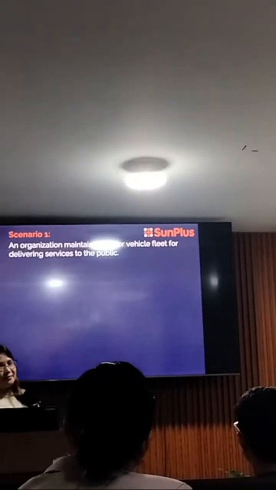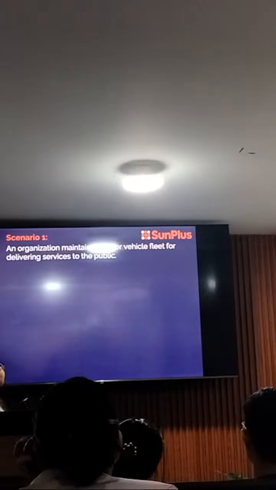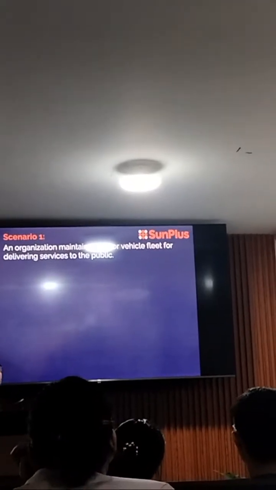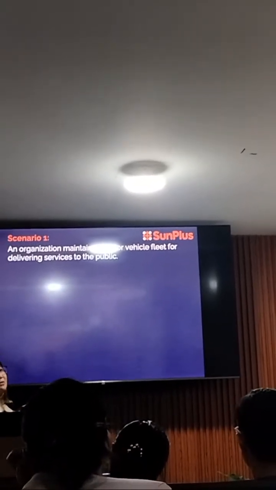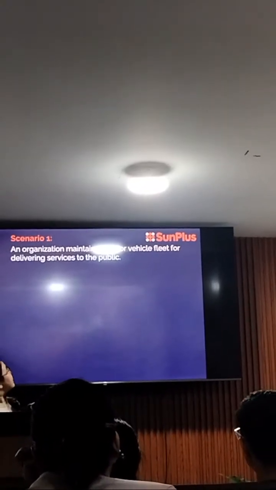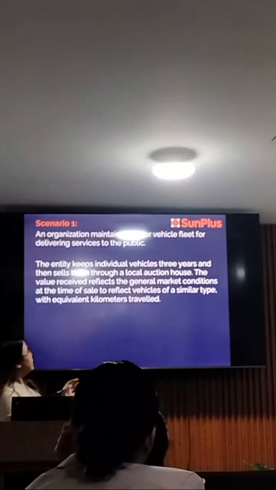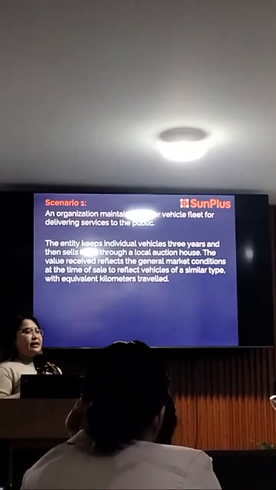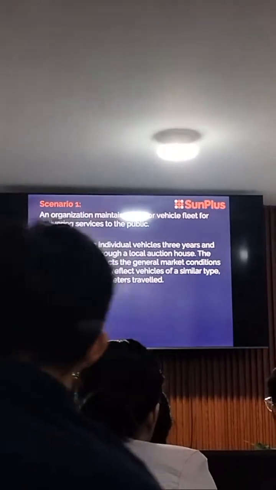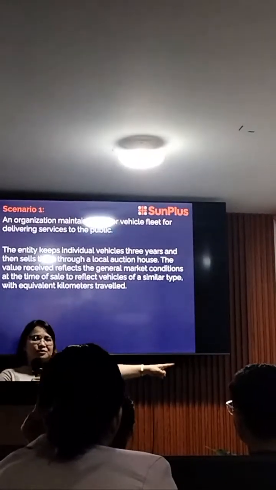Scenario 1. An organization maintains a motor vehicle fleet for delivering services to the public. So, they have many vehicles. The entity keeps the vehicles for only 3 years and then sells them through a local auction house.